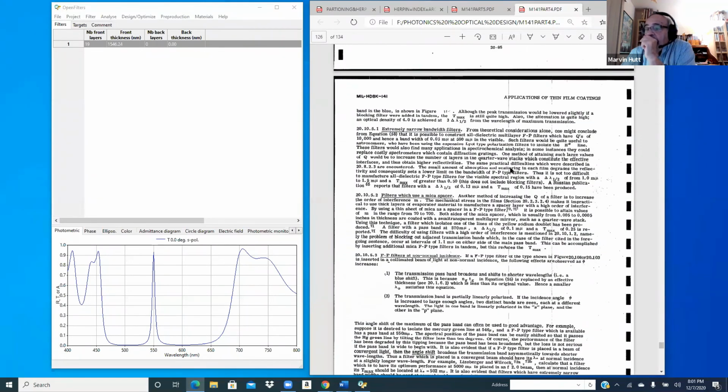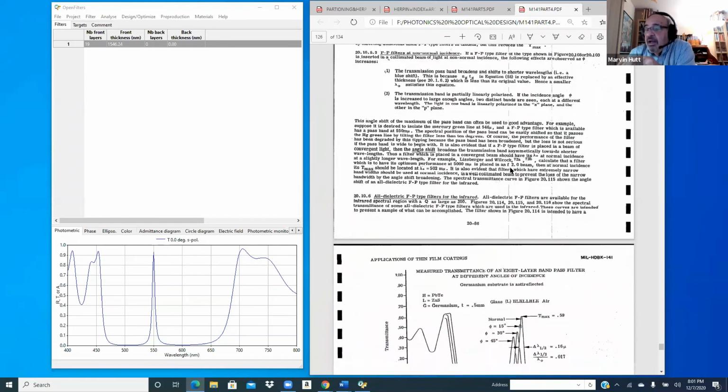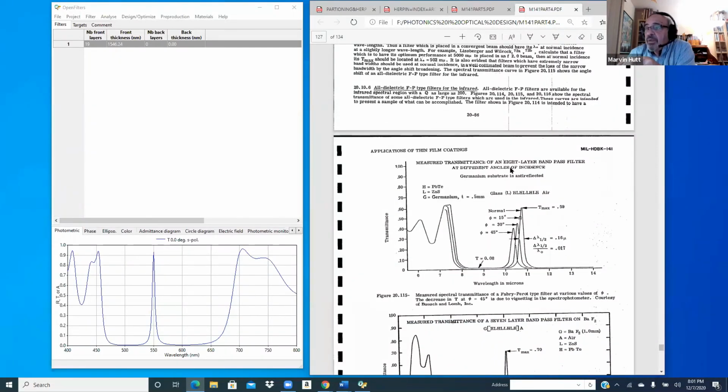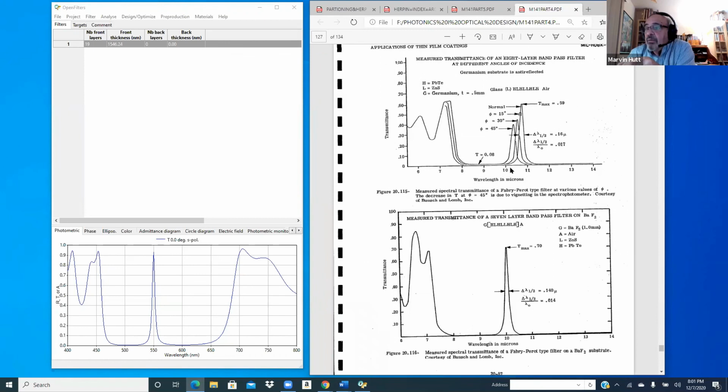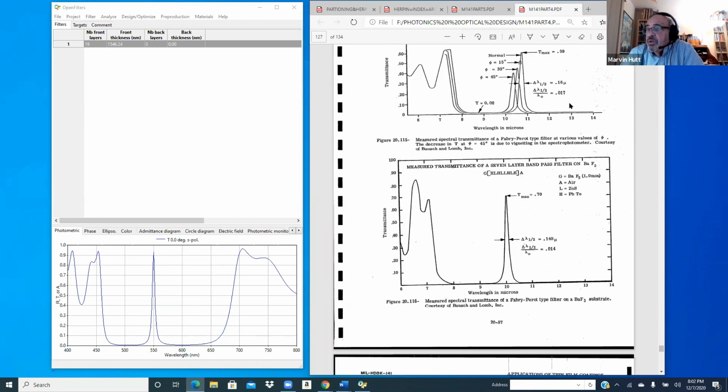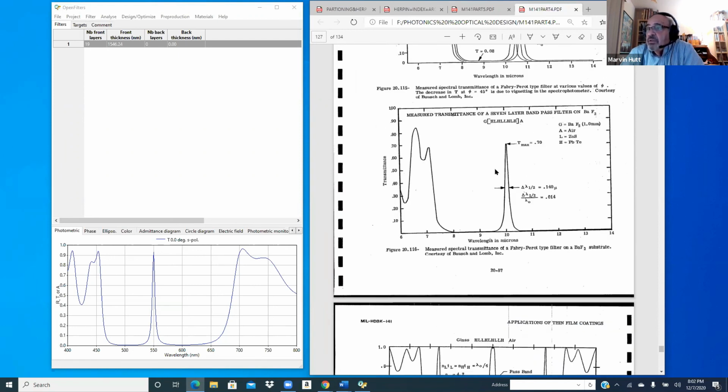Now we can get very, very narrow coatings as well. And it is so sensitive that if you start moving the filter around by twisting it, it shifts the peak, okay? So here's a 7-layer bandpass filter at 10 microns in the infrared.